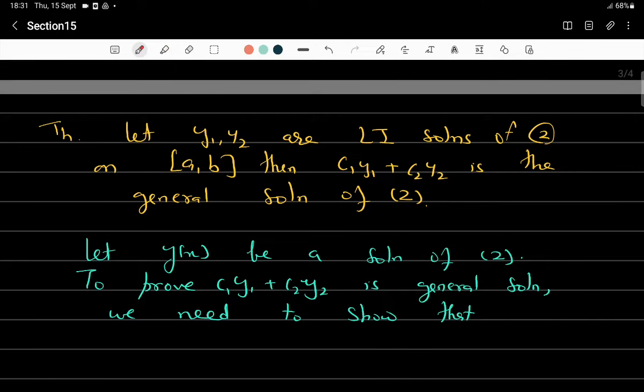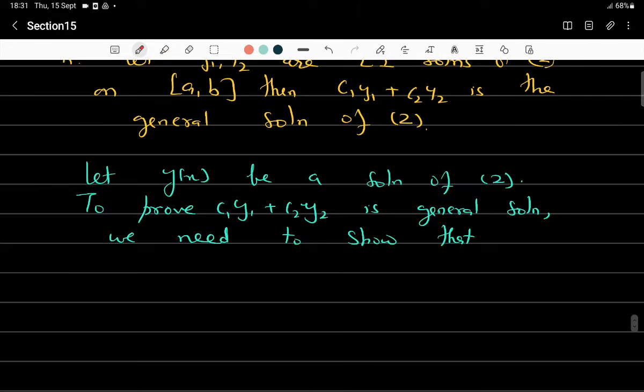So to prove C1 y1 plus C2 y2 is the general solution, we need to show that y of x can be expressed as C1 y1 plus C2 y2, where C1 and C2 are not arbitrary constants now, but unique. Unique means they must have a definite value, for example 1 and 5.